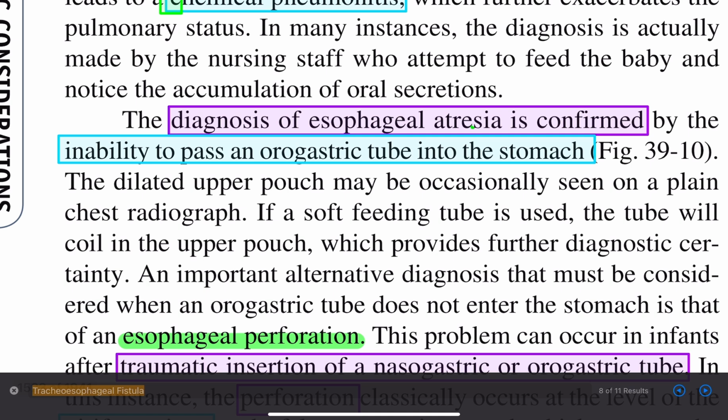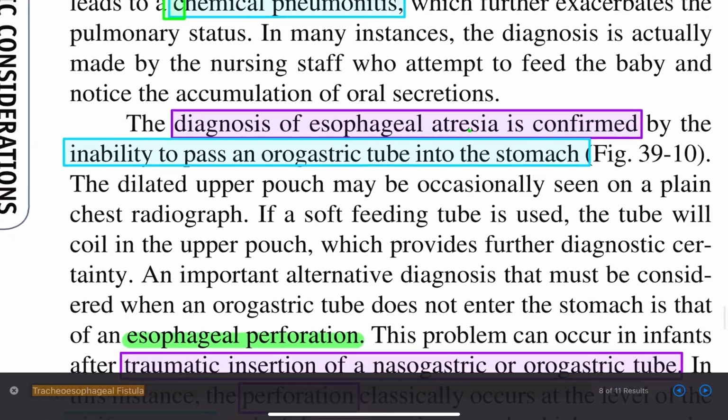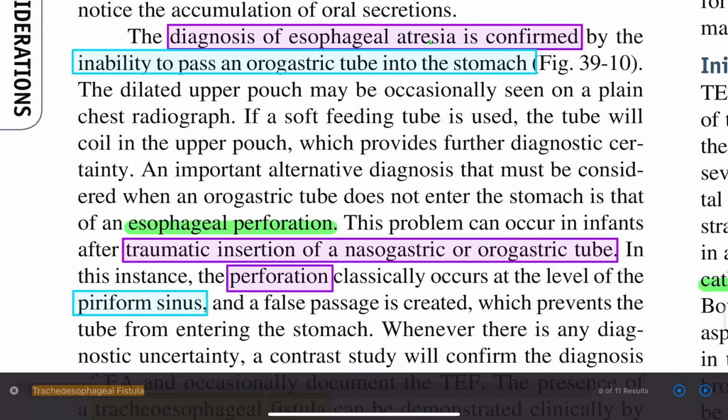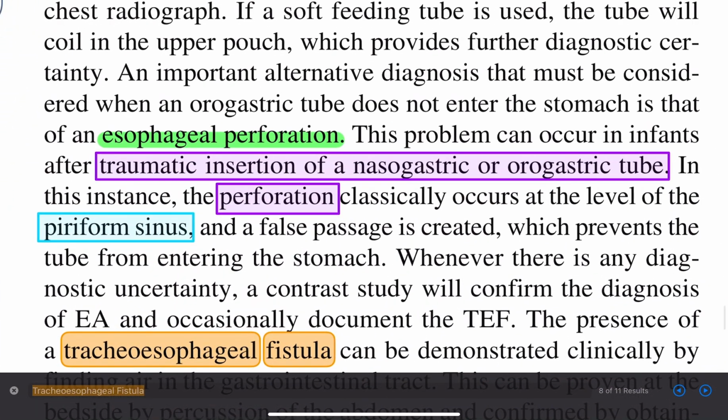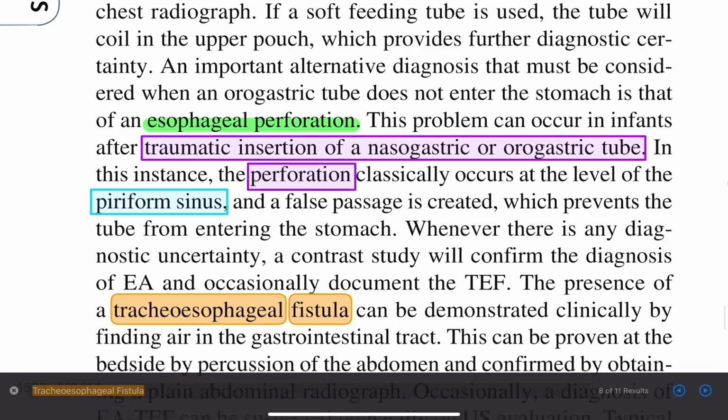How is the diagnosis confirmed for esophageal atresia? Via the inability to pass an orogastric tube into the stomach. If traumatic insertion of a nasogastric or oro tube occurs, it will lead to perforation, mostly at the pyriform sinus. This can be asked as a one-liner.